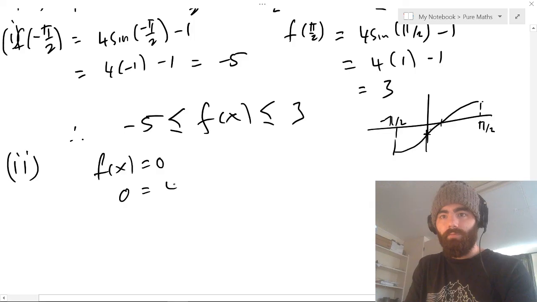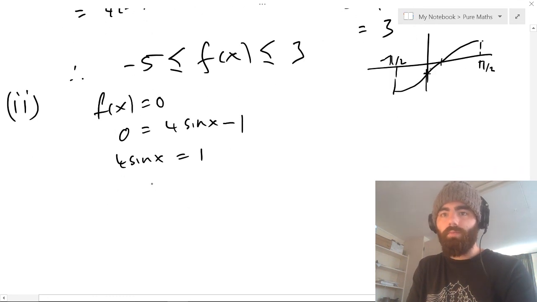And that happens when 4 sine of x minus 1 equals 0. So then we get 4 sine of x equals 1, so sine of x equals 1/4.